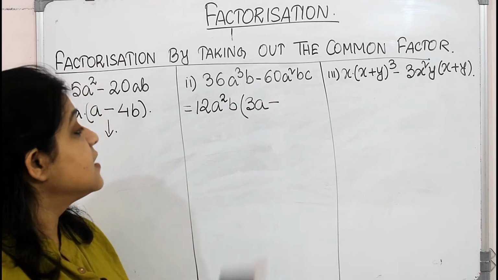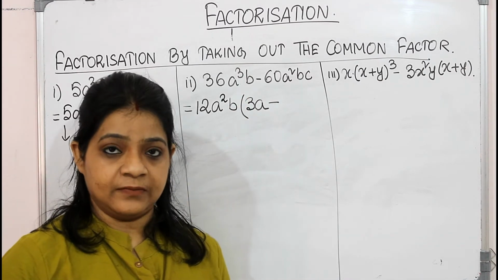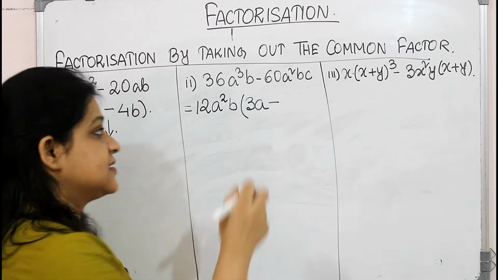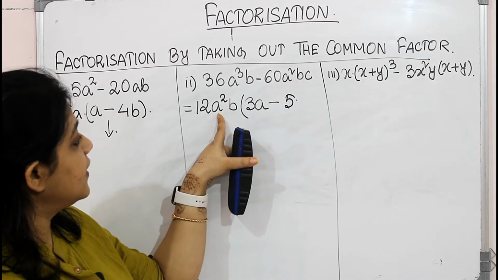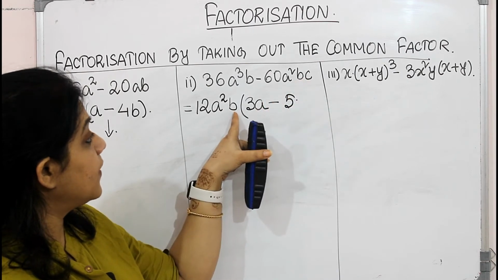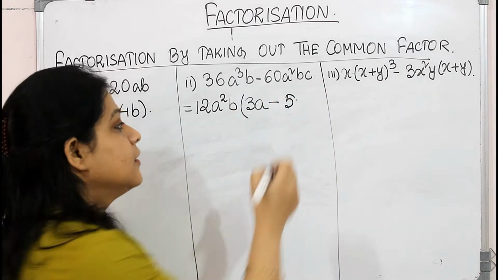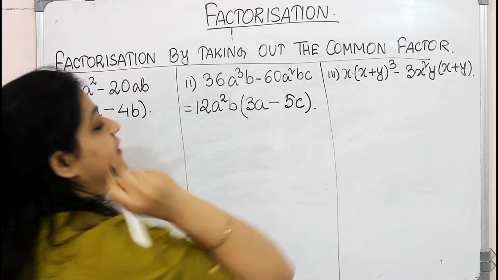Minus 12 5s are 60, so 5. a square is already there, b is already there, c is not there, so I will write here c.